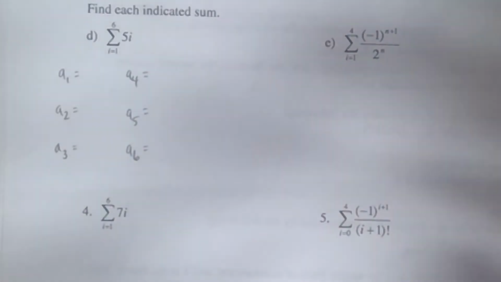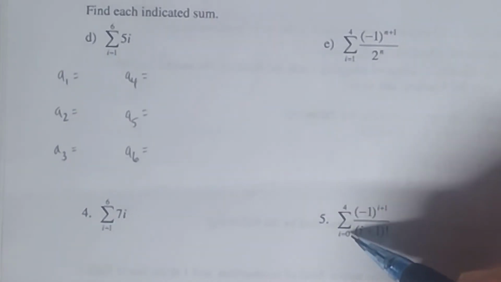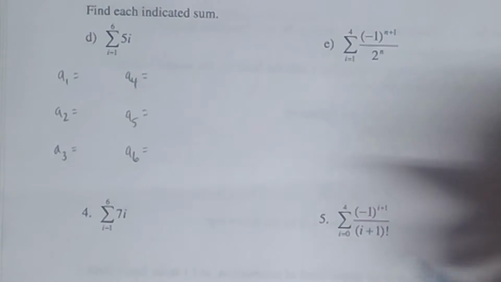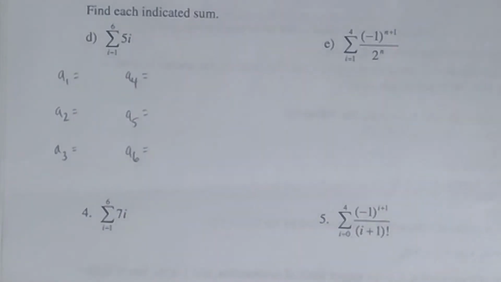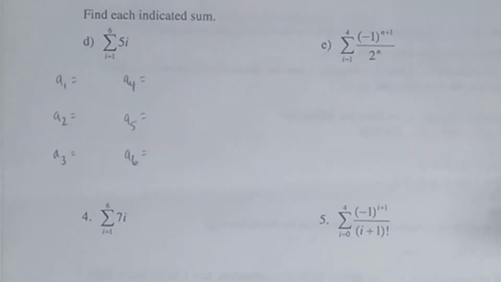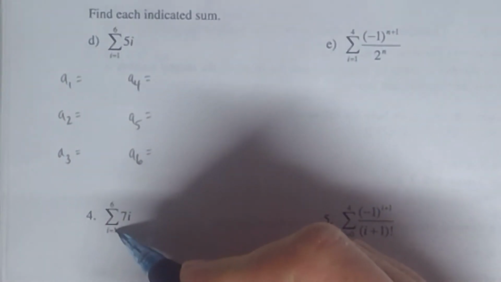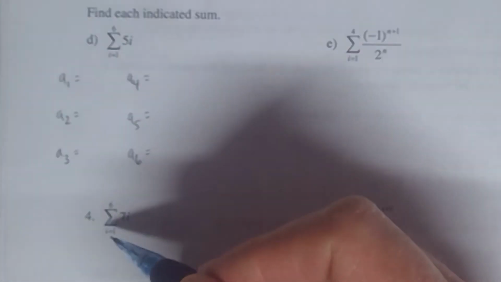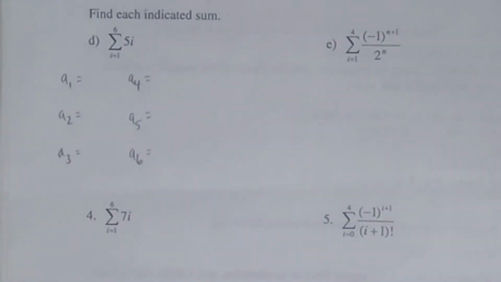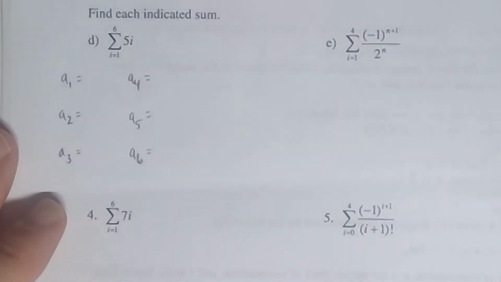And then you add up those things. On this problem, it starts at 0 actually, and it ends at 4. That means you're going to plug in 0, 1, 2, 3, and 4, those 5 numbers, including the 0. And then again here, you're going to do the same thing as on problem D. Since it goes from 1 to 6, you're going to plug in 1, 2, 3, 4, 5, and 6, ending at 6, and then add up all of that stuff.